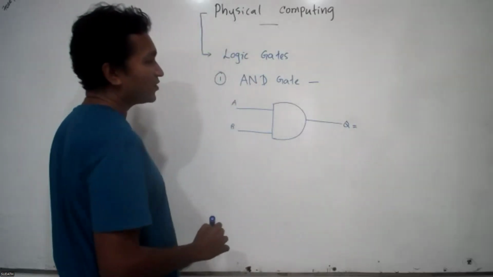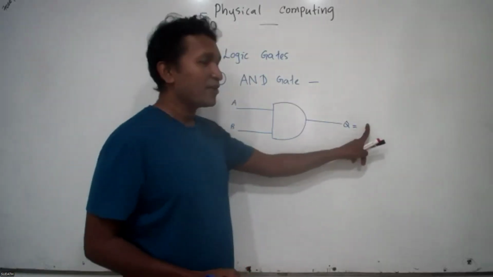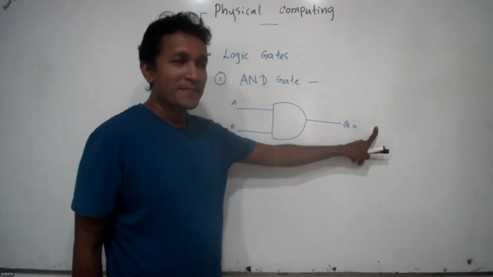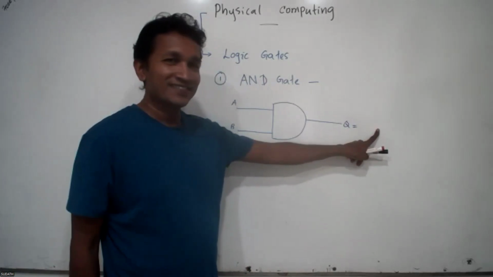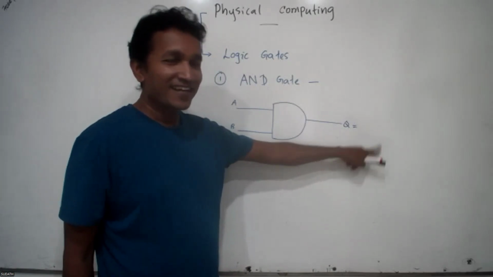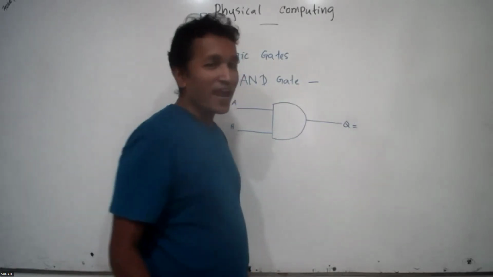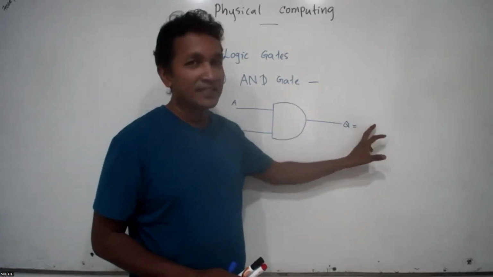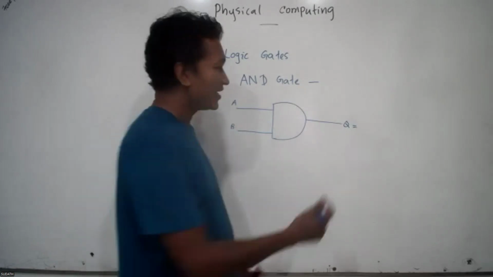Q is the output. Can you tell me the output? A plus B. Are you sure? A dot B. So AND means, don't confuse, in the AND gate, the symbol is A dot B.